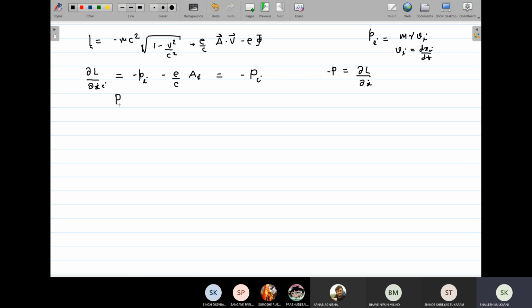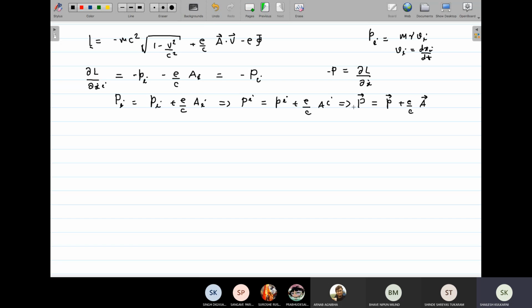The canonical momenta with lower indices, if I eat this minus sign, will be P_i = p_i + e/c A_i, which is the same as writing P^i = p^i + e/c A^i. In vector notation, this is vector P = vector p + e/c vector A. Now this is our canonical momenta, capital P.